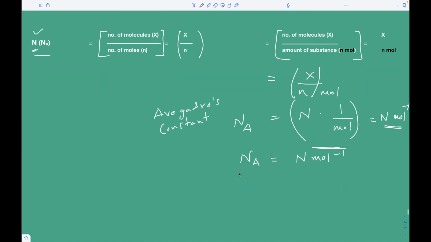So numerically, Avogadro's constant and Avogadro's number have the same value, but they are technically not the same. Avogadro's number is a dimensionless number, and Avogadro's constant has the dimension of per mole. So kindly notice this difference between Avogadro's constant and Avogadro's number.